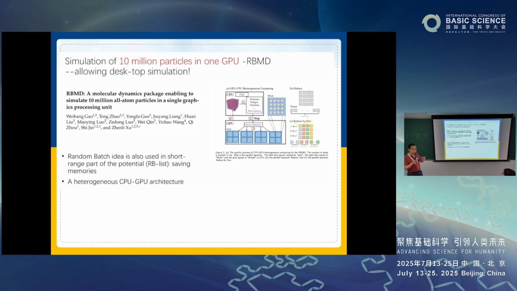With one GPU, which means on your desktop, in your office, you can do particle simulation with 10 to the 7 particles. Okay? So we even combine with the GPU from 中科曙光. Now we have a desktop with this software built in. So you just have this desktop, and you can do molecular dynamics with 10 to the 7 particles on your desk.